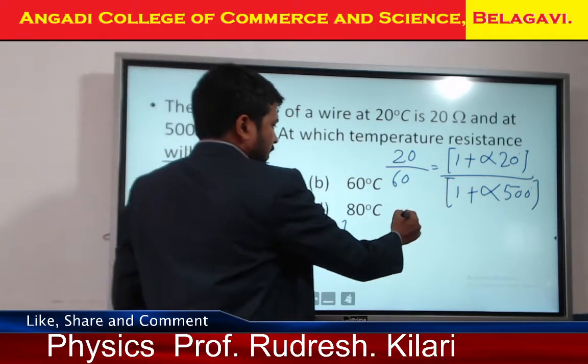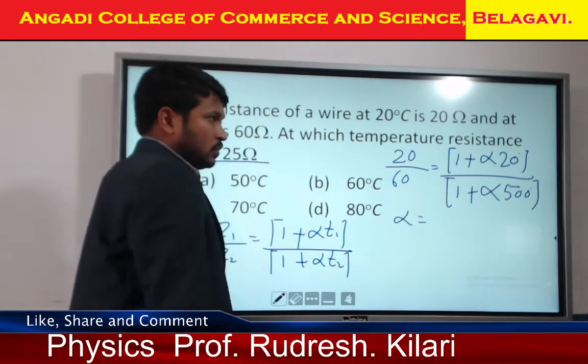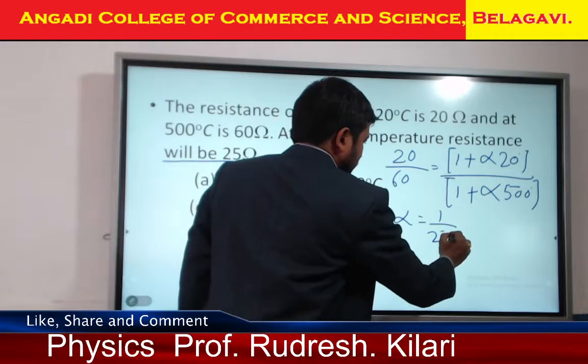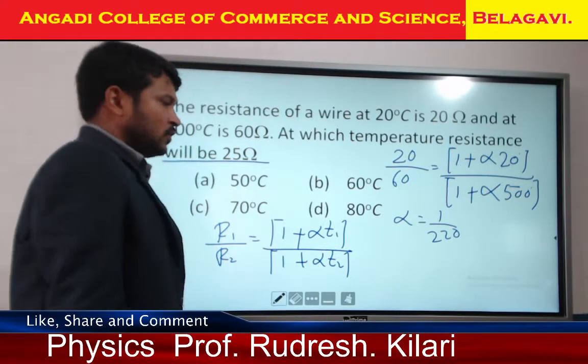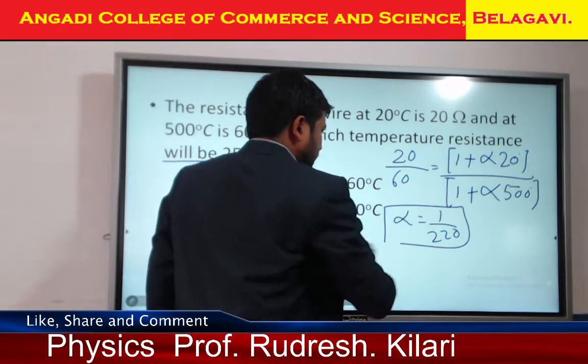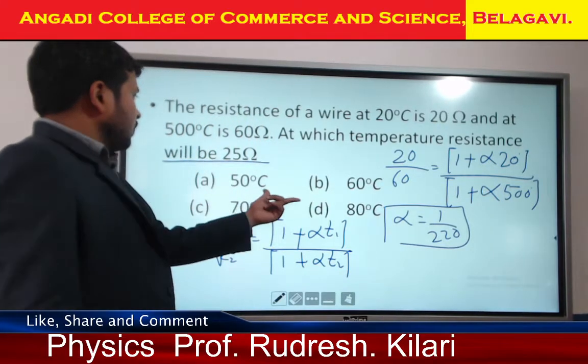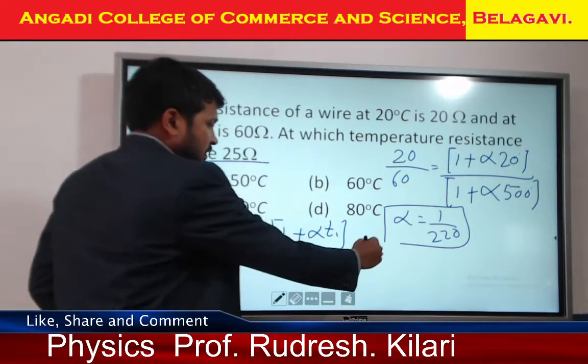We can get alpha equals 1 divided by 220. Now we want the temperature at 25 ohm.